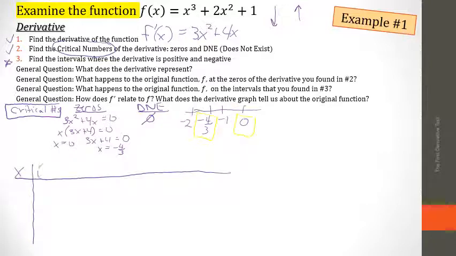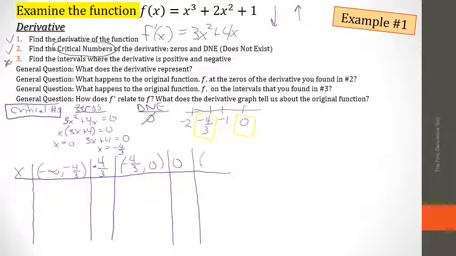So I'm going to make my tentative number line here for x's. So we have negative infinity to negative 4/3. So that's the part before negative 4/3. Then we have negative 4/3. Then we have between negative 4/3 and 0. Then we have 0. And then we have the part after 0, 0 to infinity.